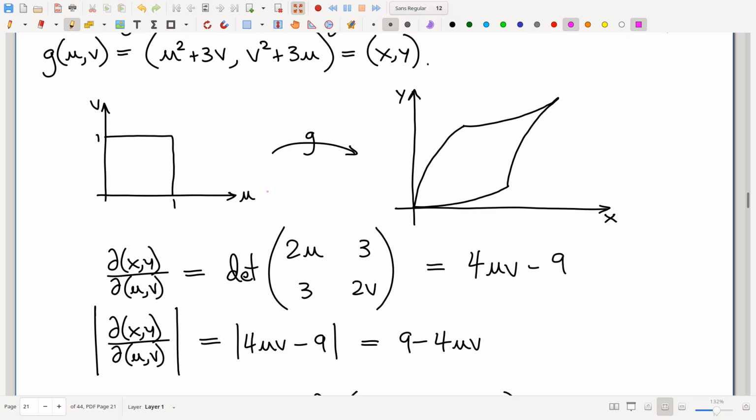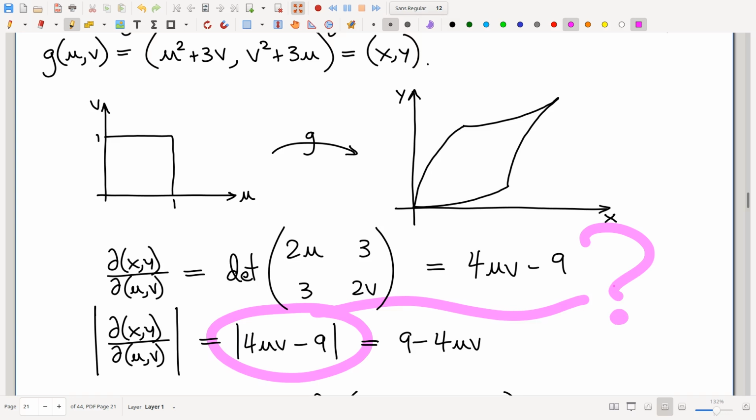How do I decide how to take the absolute value of this thing? So I can do it like this. How do I take the absolute value of 4uv minus 9? Now, your first instinct might be to just stick it into the integral, let the integral deal with it.